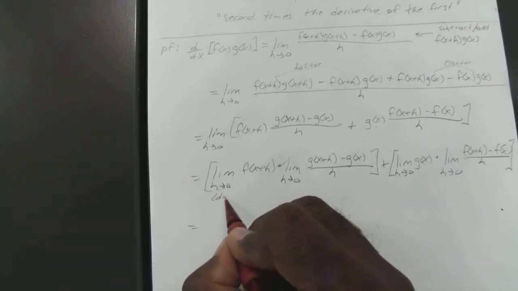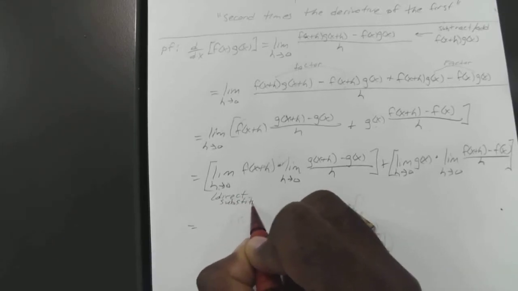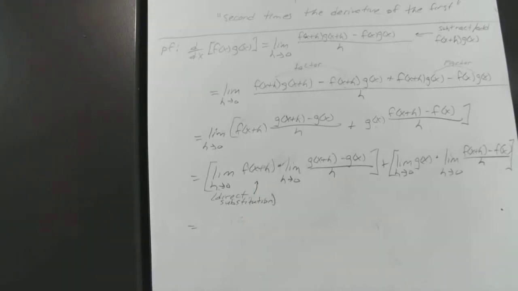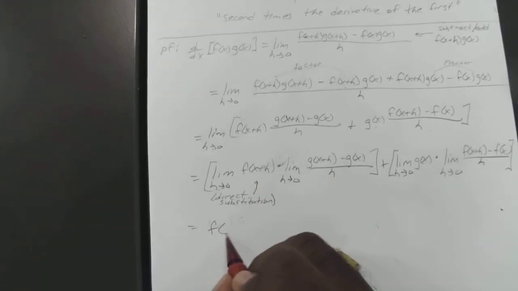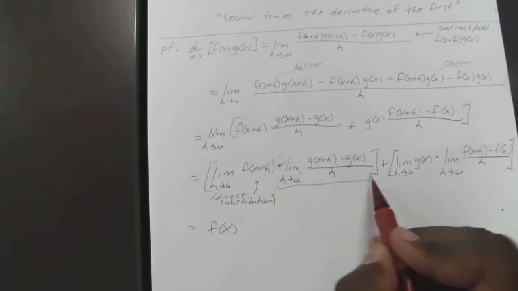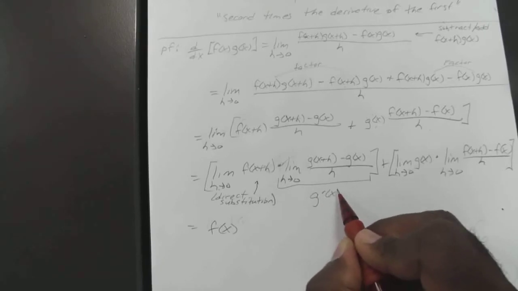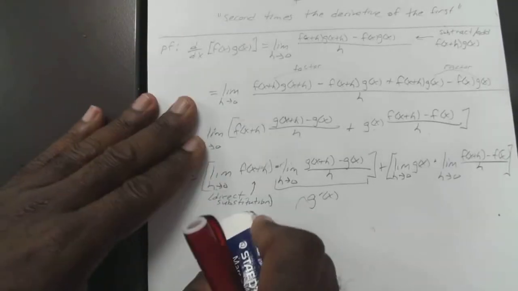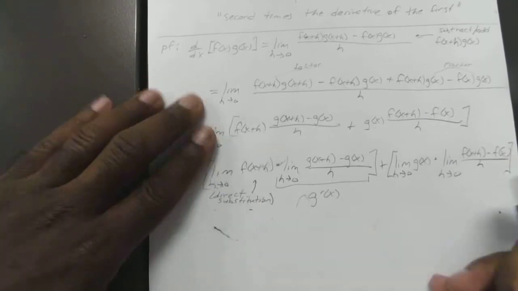All right, so this one, direct substitution, we're just left with f of x because h became 0. And this here, that's our g prime of x. Let me bring that down just a smidgen so it's not all cramped up in there.